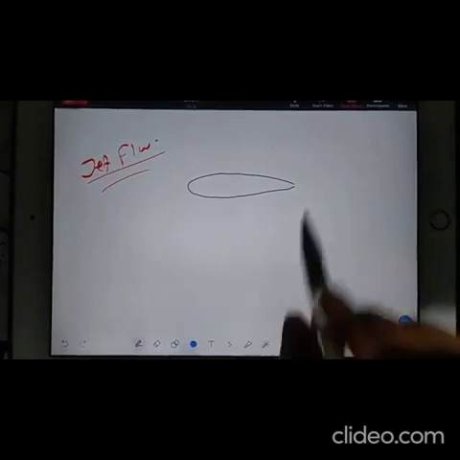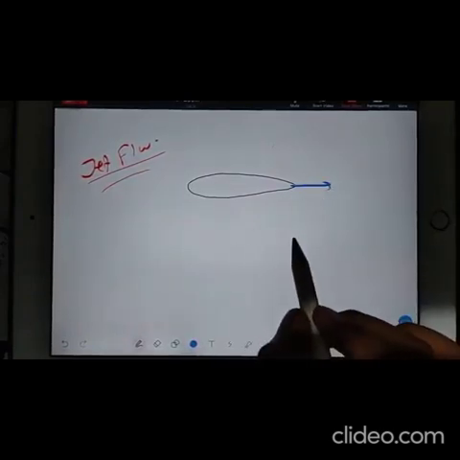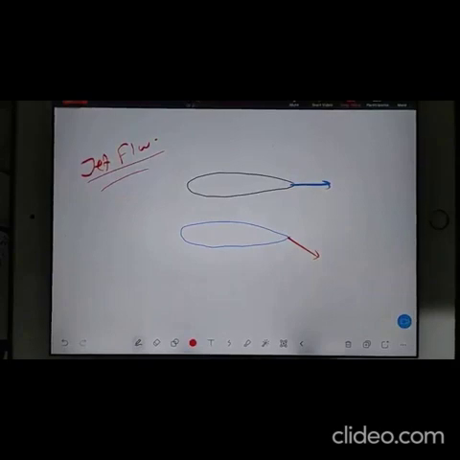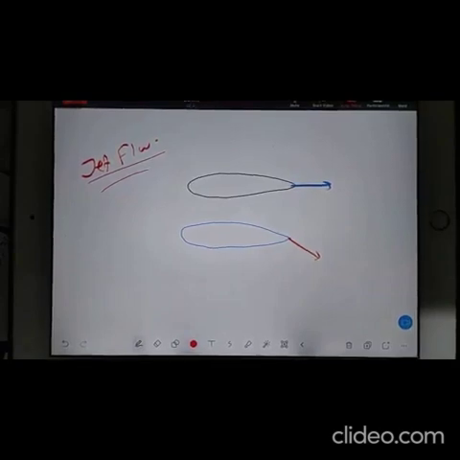Here I am drawing a straight arrow, and here I am drawing a sharp arrow like this. So in a jet flap, the entire exhaust from the turbojet engine is ejected at high speed through a narrow slit along the trailing edge. Are you getting?